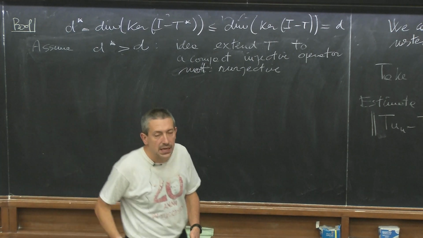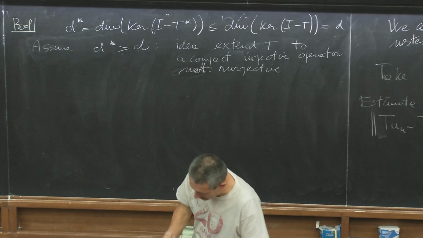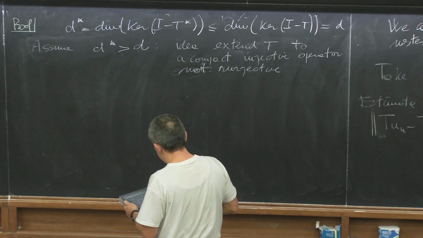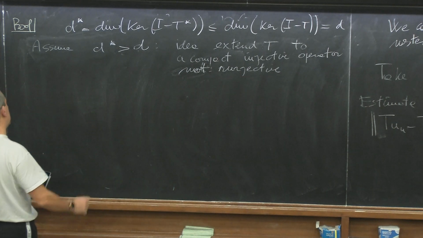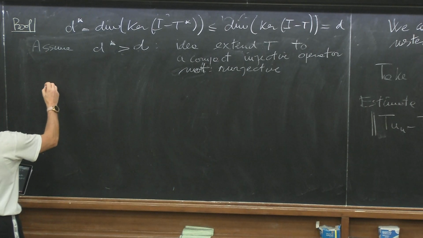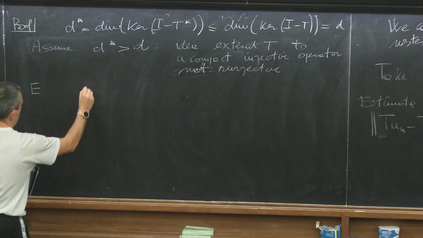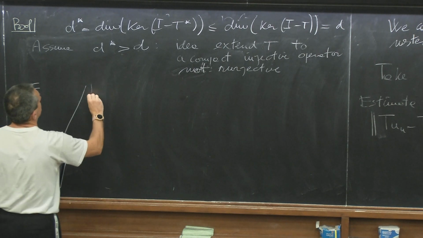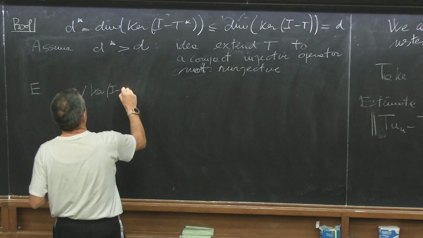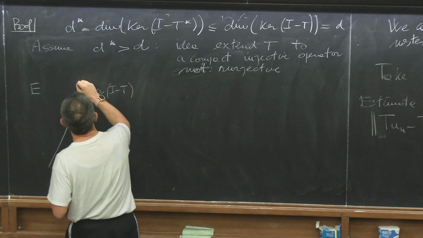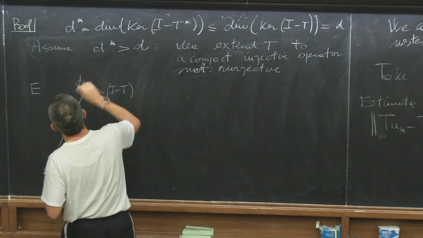Okay, let's see how I do the extension. Let me make a drawing and then you understand. So if this is E, now I have this one, the kernel of identity minus T, which has dimension d.